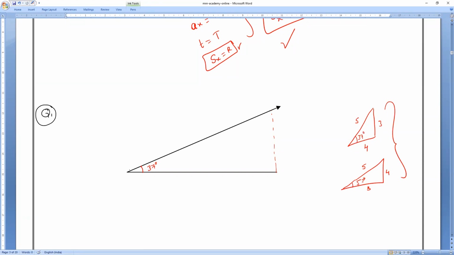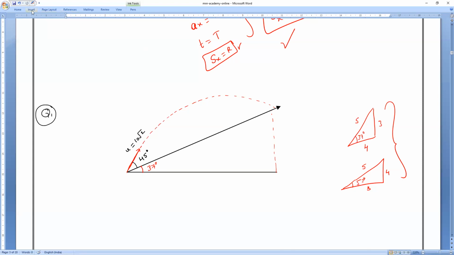Now, a body is projected at a 45 angle. What angle, everybody? 45. So with the 45 angle, it has been projected and it will take time and fall somewhere. Theta we got as 37. What is alpha? 45. And the velocity with which it has been projected is 10 root 2.